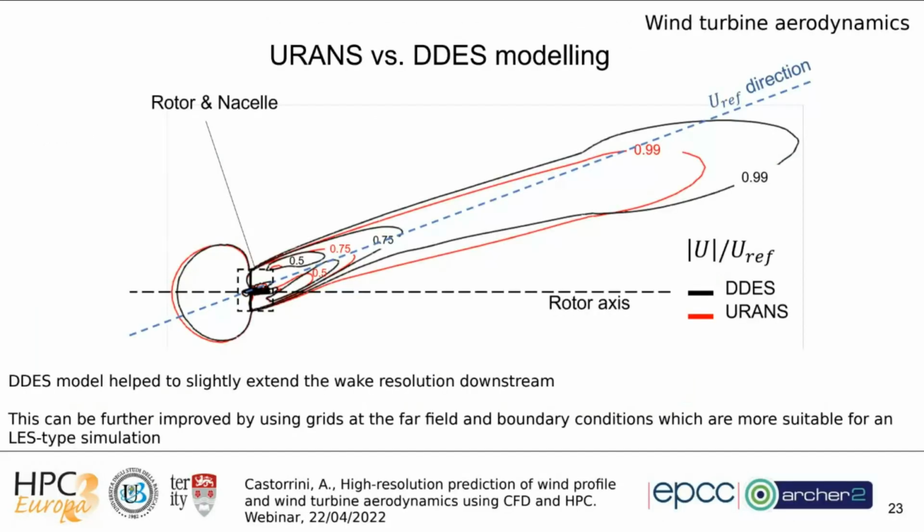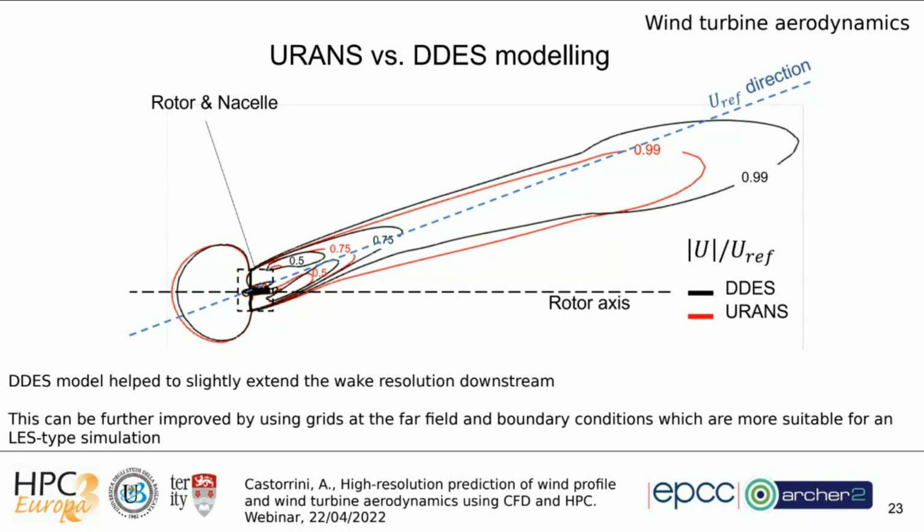Just a few words about what happened when we change the turbulence model in the rotor resolved geometry simulation. The red lines are the wake velocity deficit contours for the URANS model using the layered detached eddy simulation.